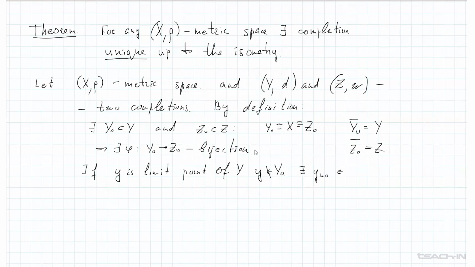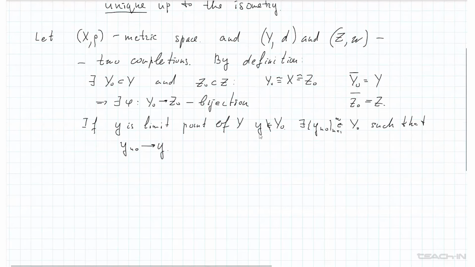So there exists, for example, a sequence y_n from y0 such that this sequence converges to y. And we have the bijection between parts of our spaces.